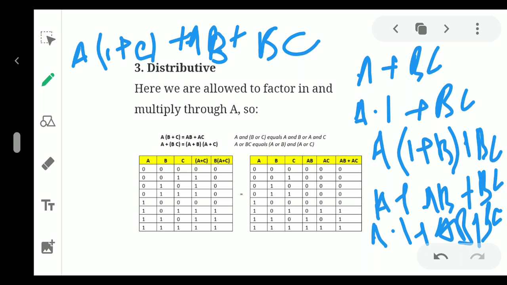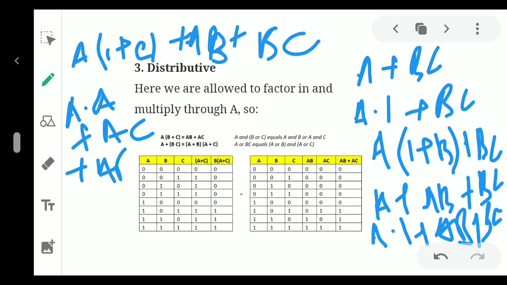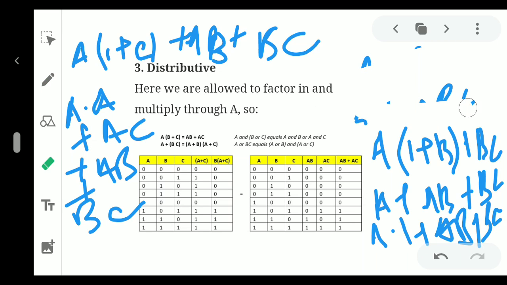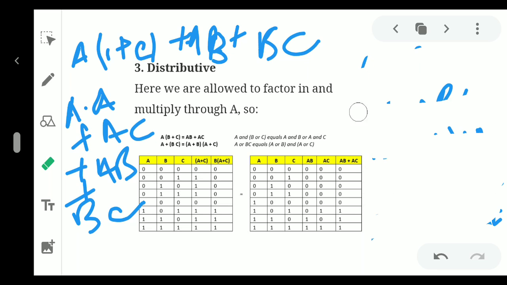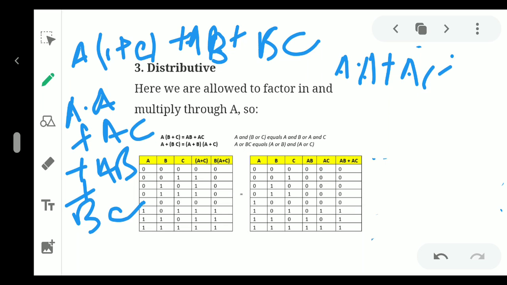The second step we can write in the same way: A into A plus AC plus AB plus BC. Now I am writing the whole part over here, these four at a time: A into A plus AC plus BC plus AB.